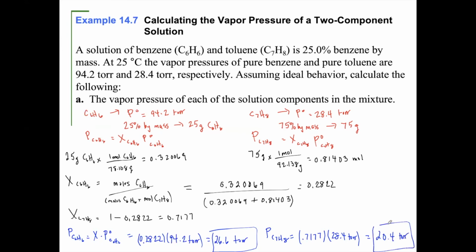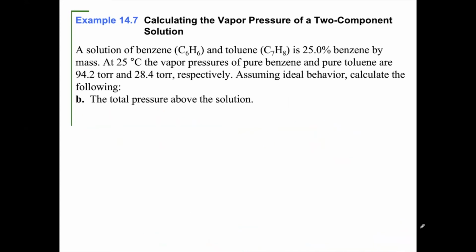Okay, so now we've got the pressures exerted by the individual gases over the solution, and we want the total pressure above the solution.